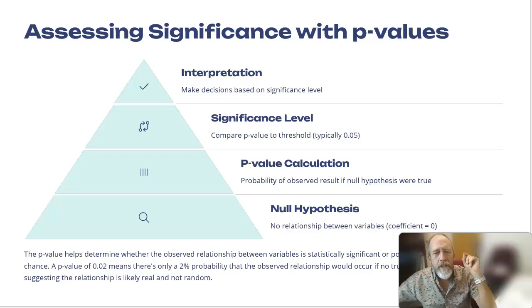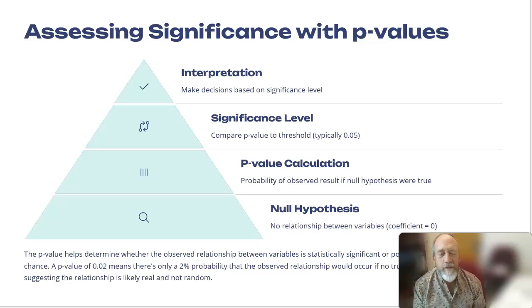now you can look at the significance with the p-value. You can calculate the p-value. And like in the case, let's say the p-value is 0.02. There's a 2% probability at 0.02, that's 2%, that the observed relationship would occur if there were no true relationship.